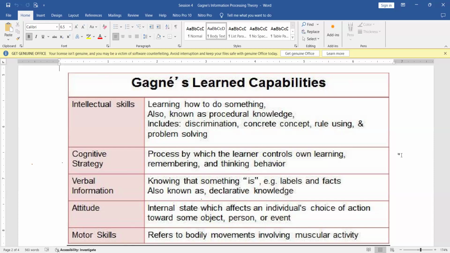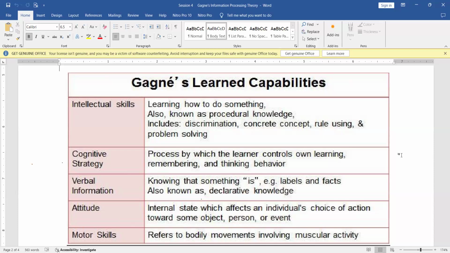So according to Gagne's learning outcomes, the learner is developing his or her capabilities in 5 areas at the end of the lesson. At the end of each lesson, the learner is expected to develop in 5 areas.